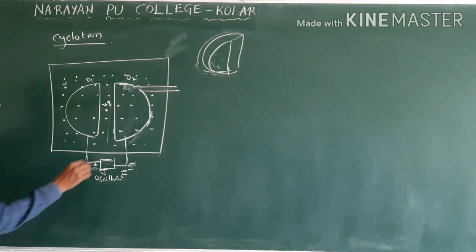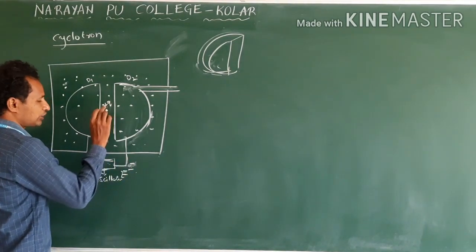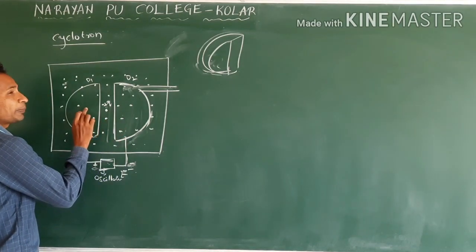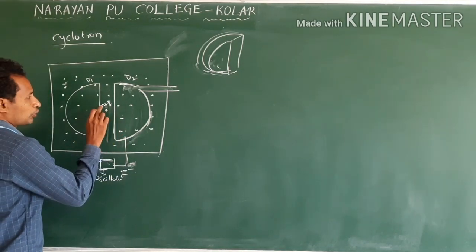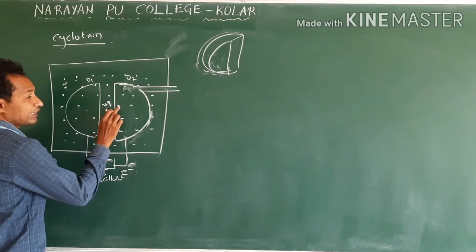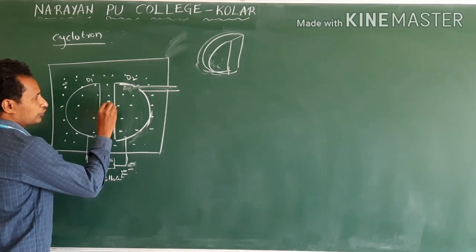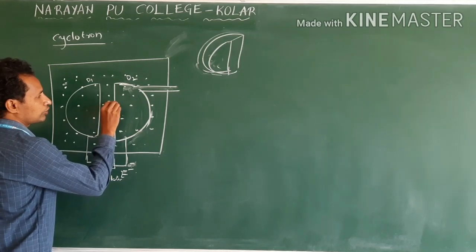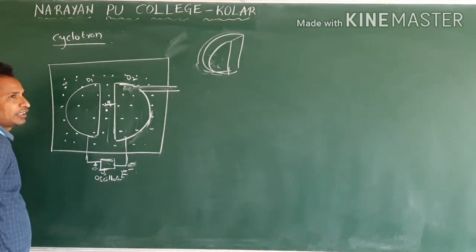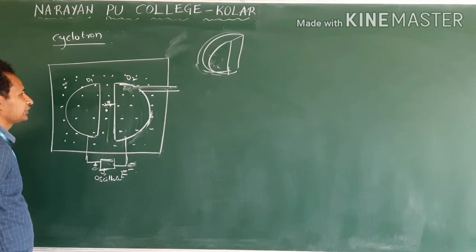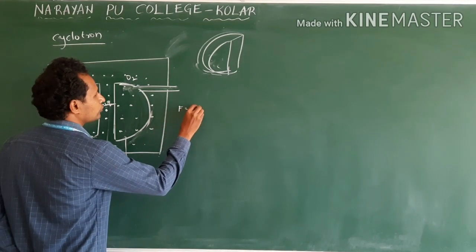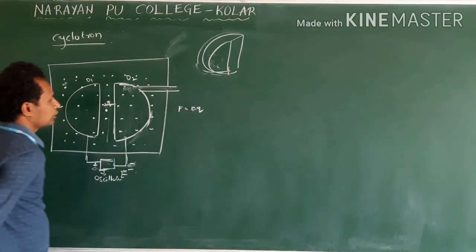For the positive charge, we applied negative potential to this D and positive to the other. Positive repels and negative attracts. So it attracts towards D. Clear? With force F is equal to EQ.